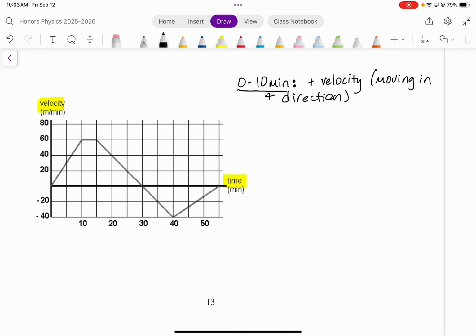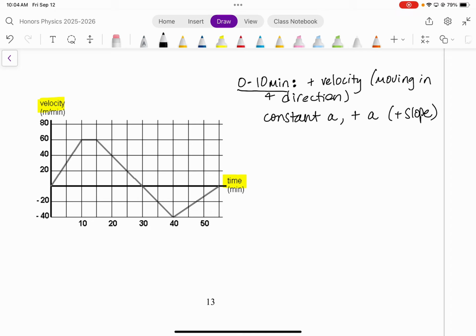It's constant. Is the acceleration positive or negative? Positive. Why? Because the number is increasing. The velocity is increasing. So what can I say about the slope of my line? It's positive. Positive slope.